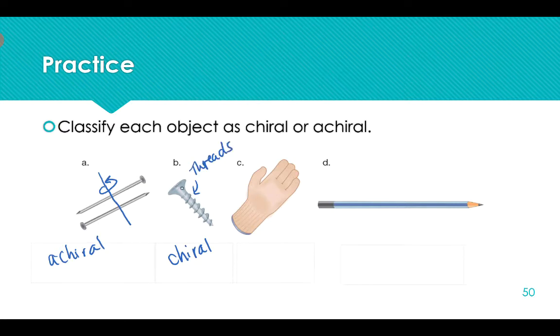The threads go around in a particular direction. To tighten the screw, you have to turn clockwise, and to untighten it, you turn counterclockwise. And so the mirror image of the screw would be the opposite, because it would spin around the other direction. I'll try to draw it here. So the threads on this make it a chiral object.